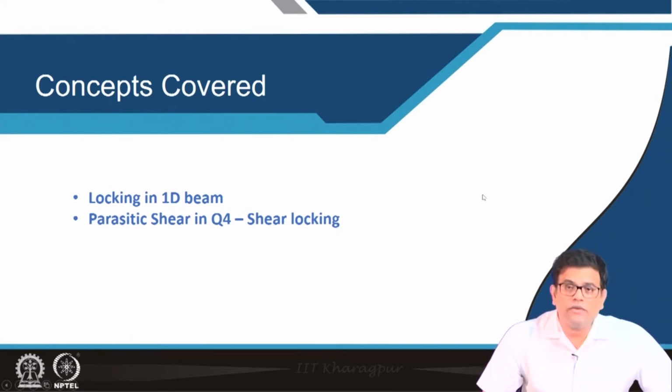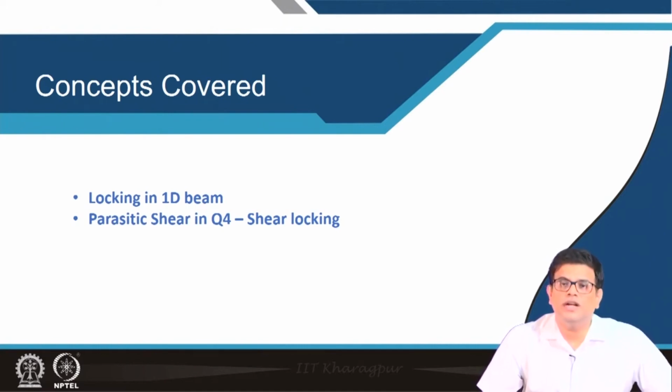And also I will discuss the parasitic shear, which is known as the locking in the Q4, that is 4-noded bending element or 4-noded bilinear element, where we have also seen that this element is an overly stiff element, and during bending it produces spurious shear energy.